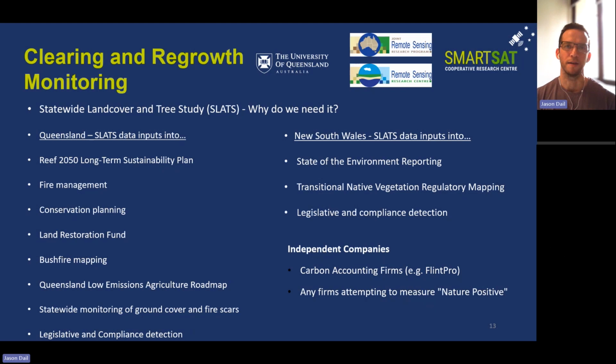So it's very important to improve as much as possible the foundational data that is used for vegetation regulations and policies, and for when Australia has to report on its carbon for the Paris Agreement or other international initiatives. It's very important that we give data that is as accurate as possible.